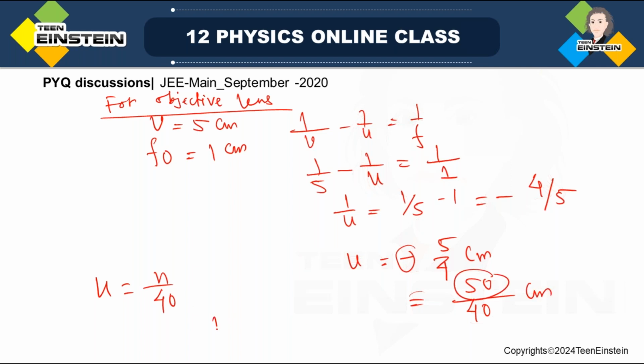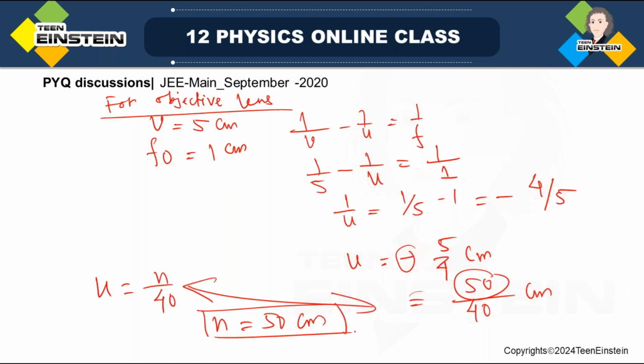We have to keep the object at 50 by 40 centimeter from the objective lens, so that the final image is at infinity, where the strain will be minimum.